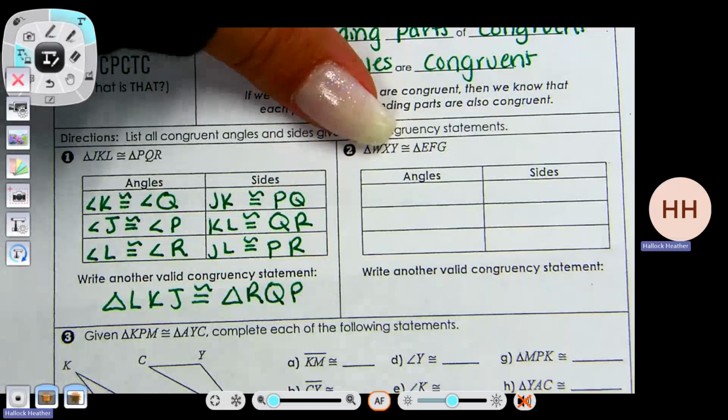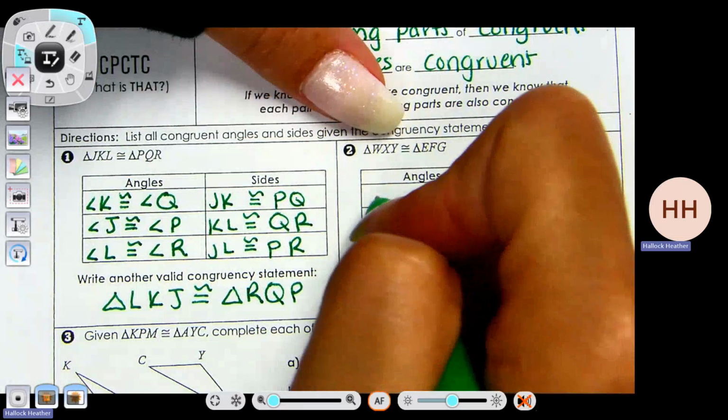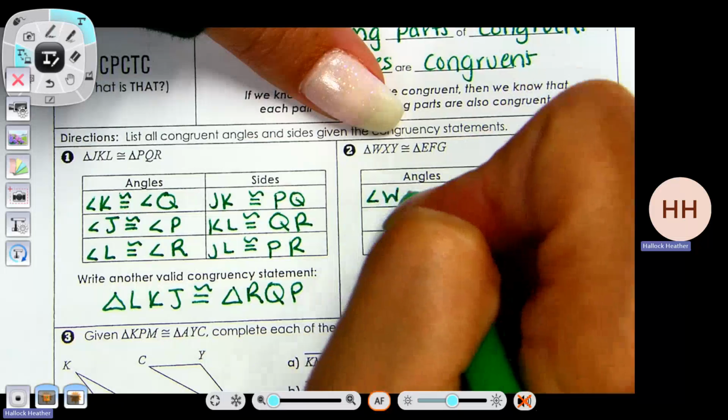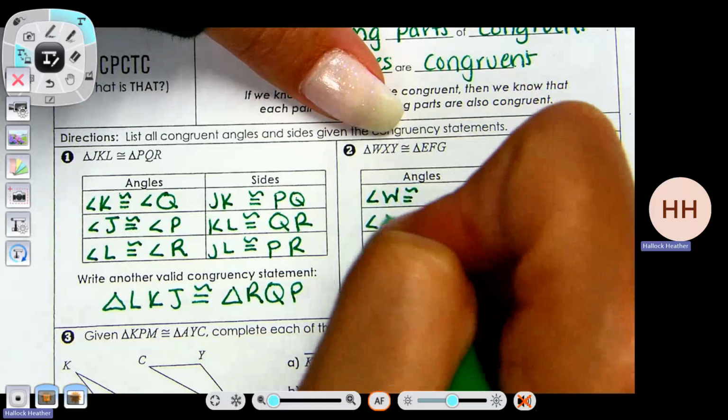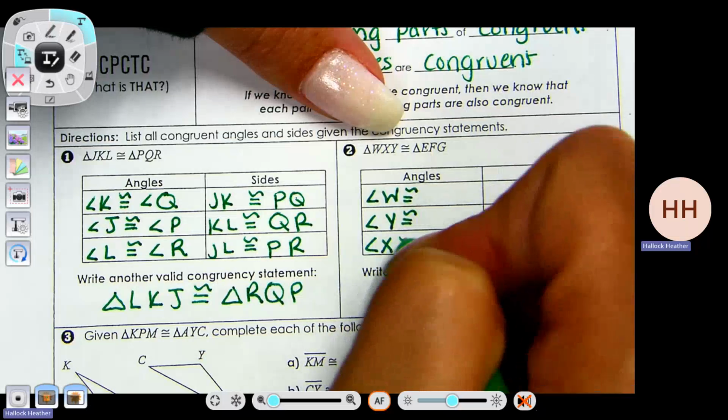I'm going to write out the first half so that everybody's answers are the same for this, because there's a million ways you can write this. So take a second, copy what I write, and then you're going to fill it in. I'm going to say angle W is congruent to something. Angle Y is congruent to something. Angle X is congruent to something.